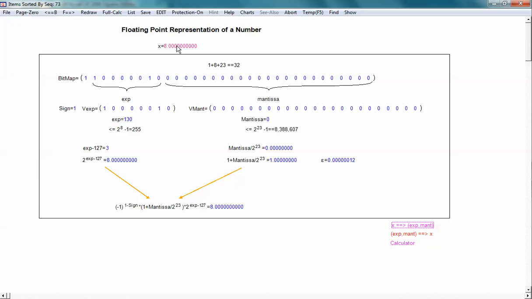Now, one final thing. Here's a problem to think about, and it took me a while to fully understand it. Suppose we're given an x here, and I want to know, is there a formula for extracting from that x this number here, the exponent part, and this number here, the mantissa part?